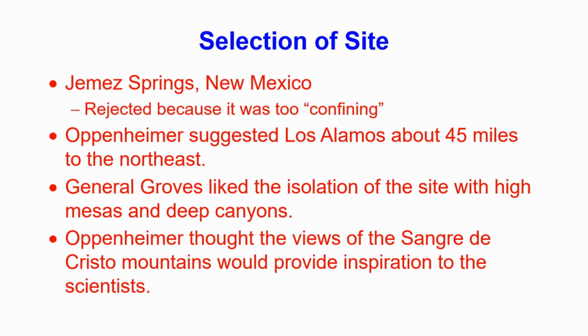And there, Groves immediately liked it because the site was on a 7,000-foot mesa with canyons on both sides and very restricted access. And Oppenheimer thought the view of the Sangre de Cristo Mountains, which was in the east, gave the place a beautiful site and one that would inspire people to work there.